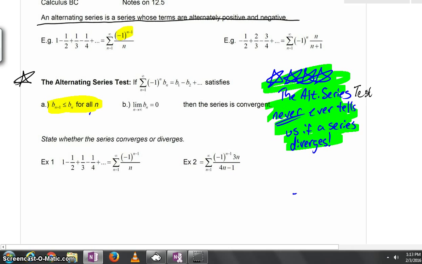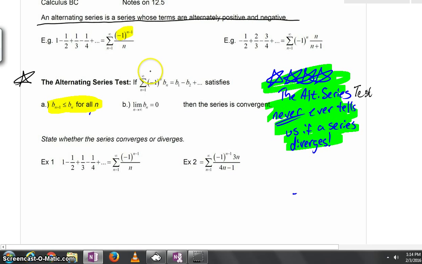The alternating series test is actually very nice and short. You don't have to deal with a comparison either. I think that can be very appealing. Let's suppose that you do have an alternating series where, of course, you've got a formula for b sub n, which would determine your terms, but the negative 1 is raised to either an n or an n minus 1 power in front of that.